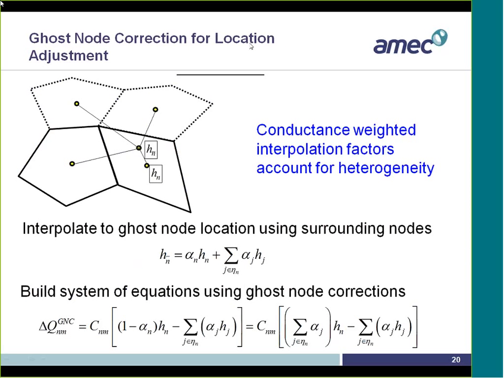This ghost node correction can also be used for location adjustment. For instance, your well could be located away, or your boundary could not be located on the cell itself.